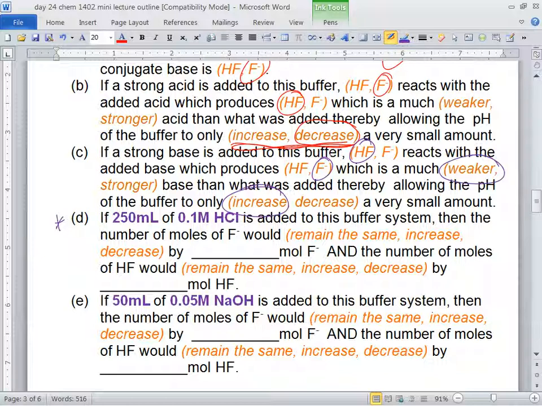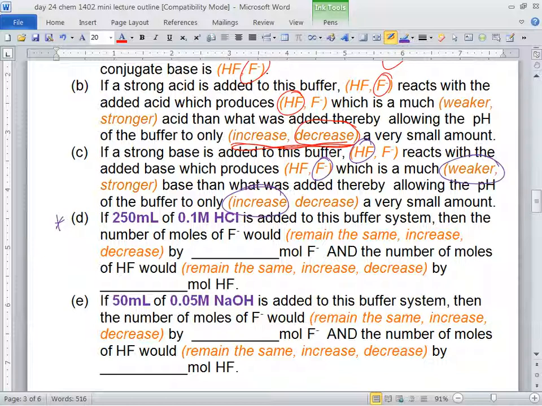The number of moles of F minus will what? Because the HCl, you got to get rid of it. It's going to react immediately. It's going to react with what? The HF or the F minus? It's going to react with the F minus. So that means the number of moles of F minus have to decrease, right?